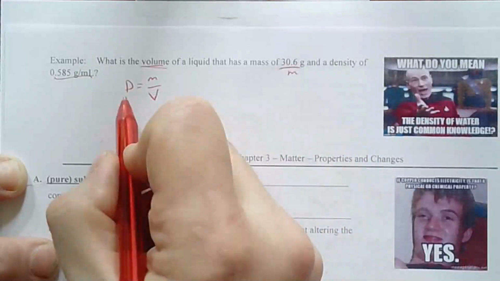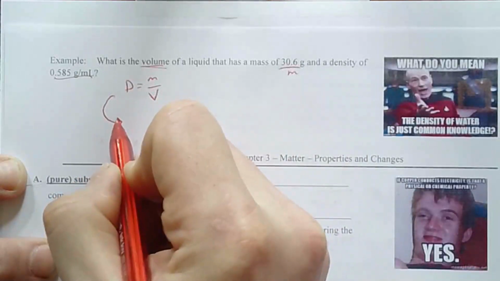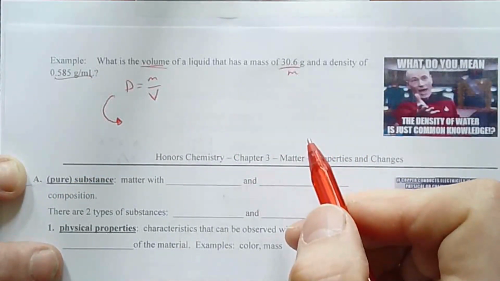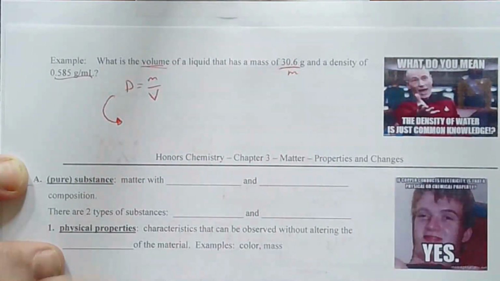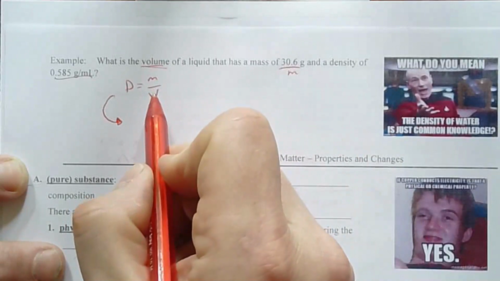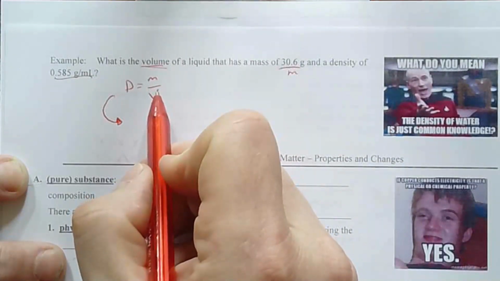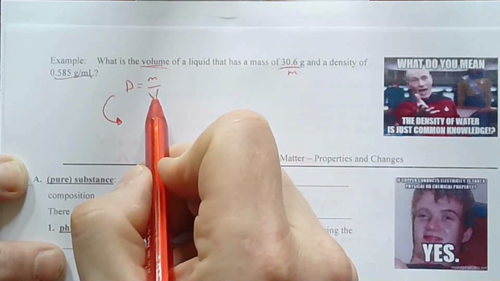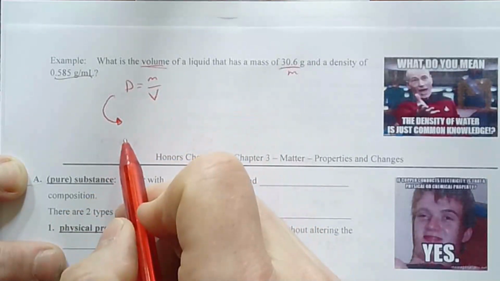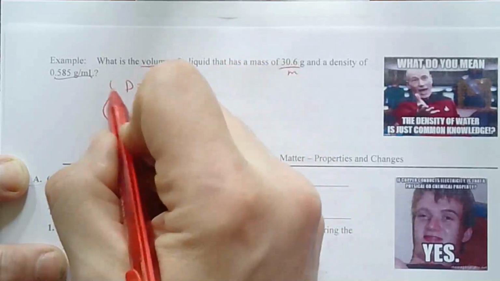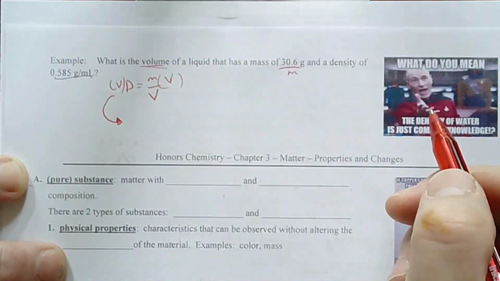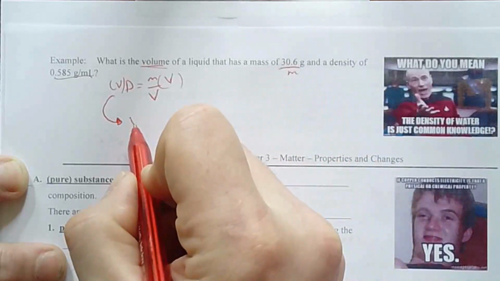In my work, I will always rearrange things algebraically to get what we're solving for isolated on a side by itself. So hopefully you can understand, if you want to get volume by itself, I would need to multiply both sides by the volume.